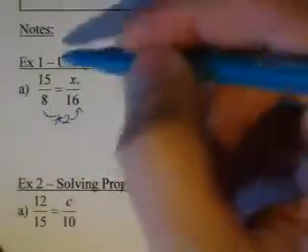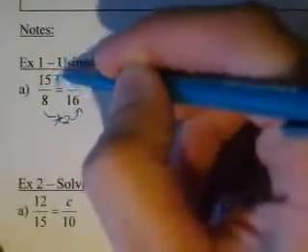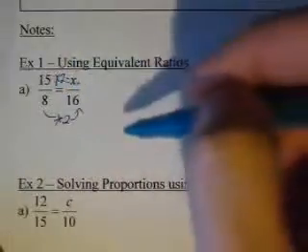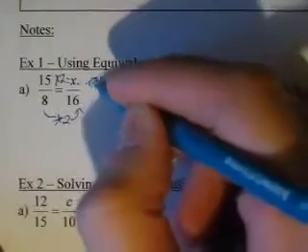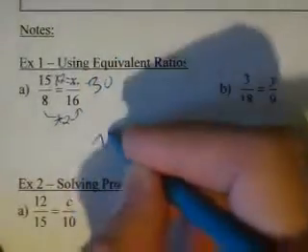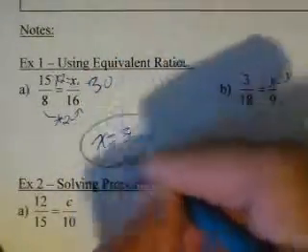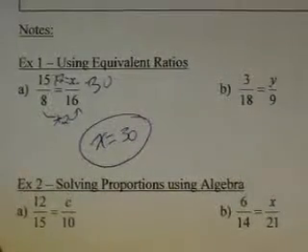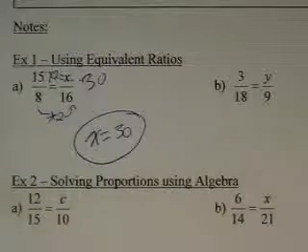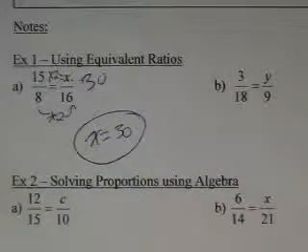So to find my x, I take my 15 times 2 equals x. Well, 15 times 2 is 30. So that means that x equals 30. That was pretty simple. And I do call this the easy way, but it doesn't work all the time. It only works sometimes.